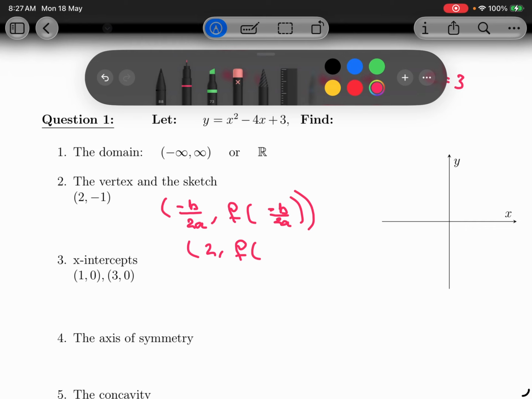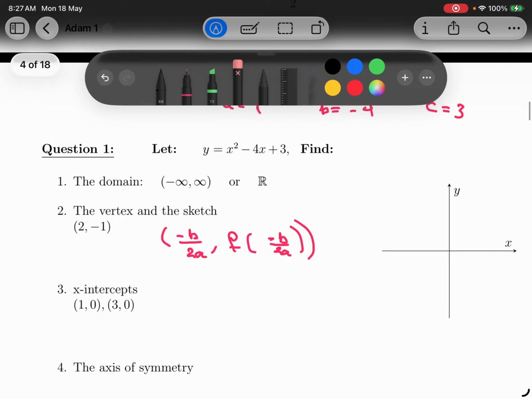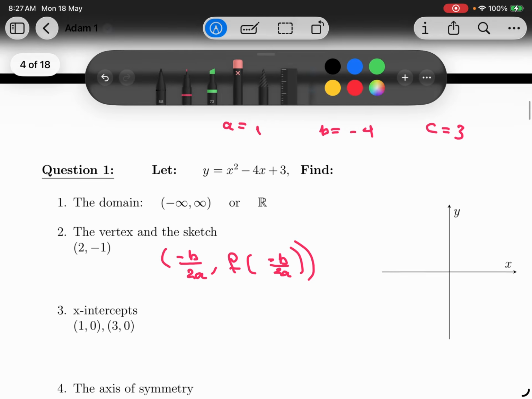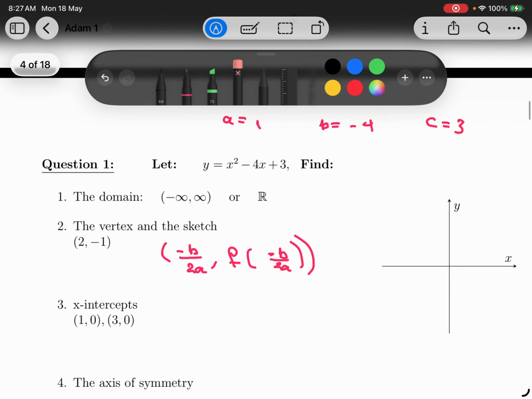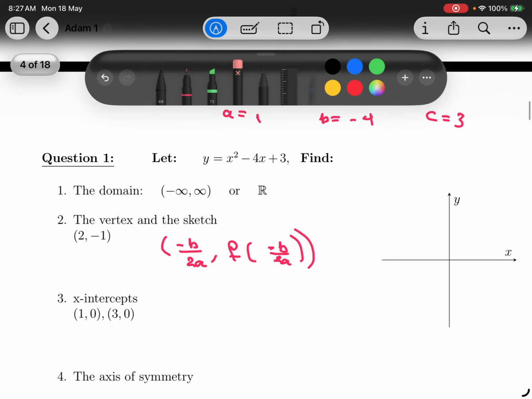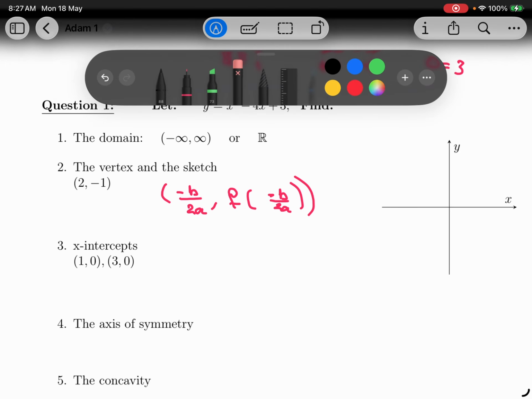No, it will be minus 1, because, yes, let me double check here, please. Minus b over 2a. So 2 times a, 2 times 1 is 2, yes, f of 2. Okay, guys. So it will be 2 and f of 2. So it is like this simply.